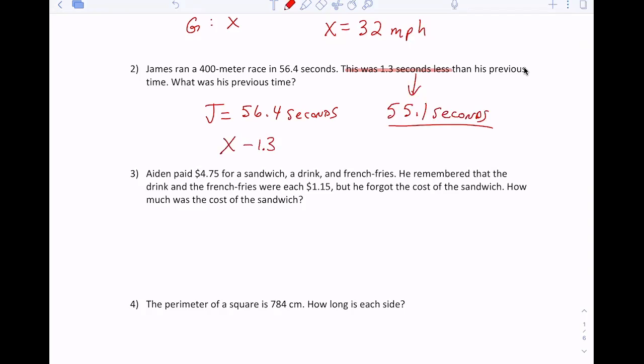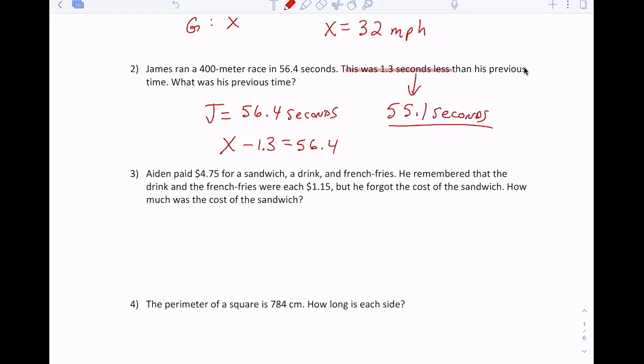You're subtracting 1.3 seconds from the previous time, and when we do that, that works out to be 56.4. Now again, I am confident most of you already knew what the answer was. But what I'm trying to show you is we don't know what the previous time was. We know the new time is 1.3 seconds less than that.